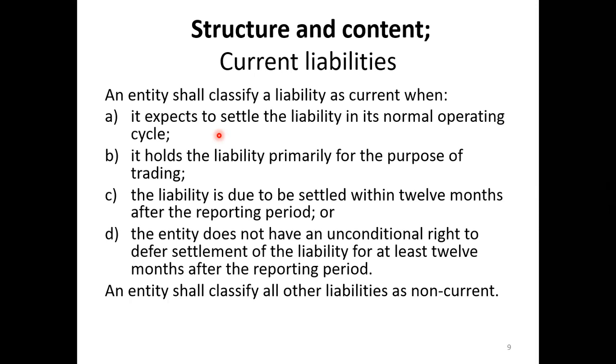It expects to settle the liability in its normal operating cycle. Second, it holds the liability primarily for the purpose of trading, buy and sell. That time they become liable. They have to settle the money, so it's a liability.